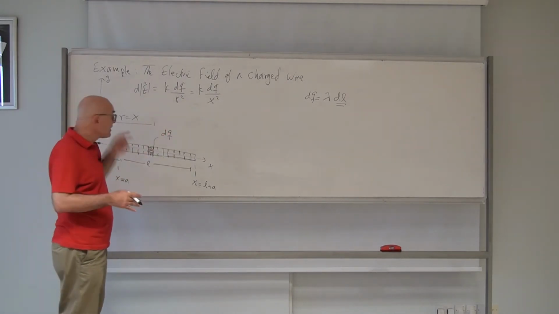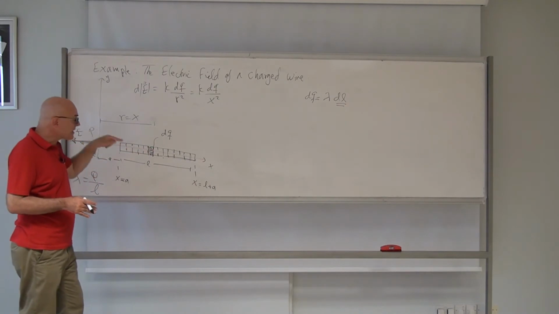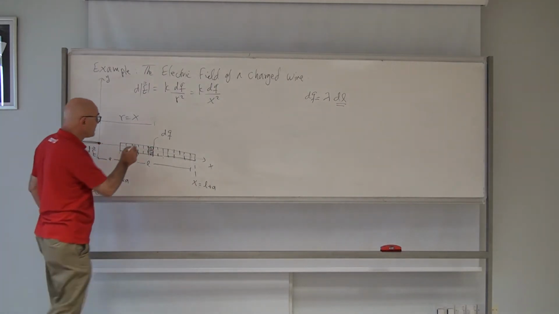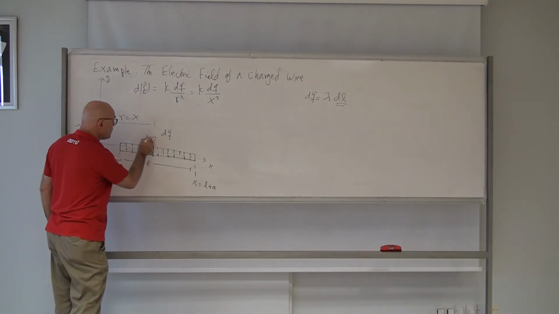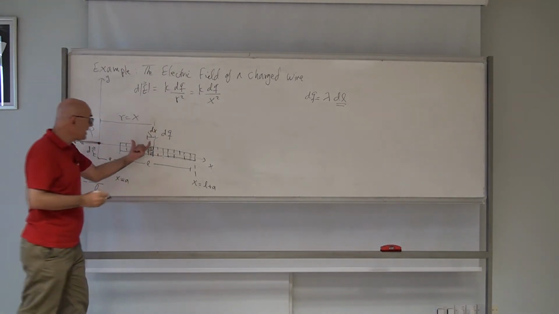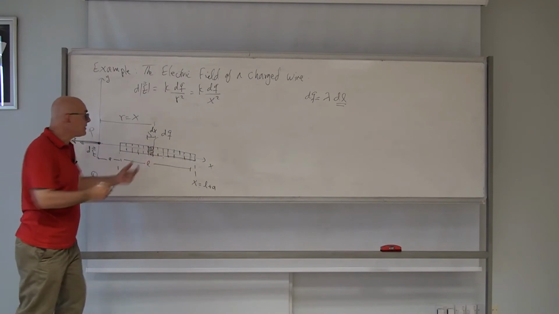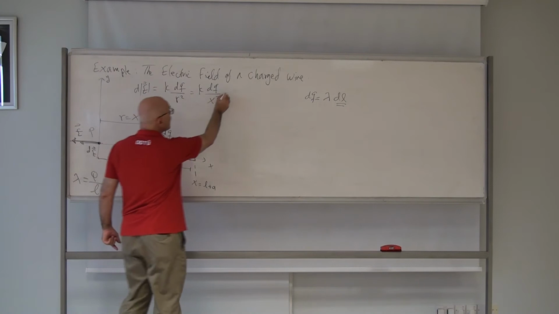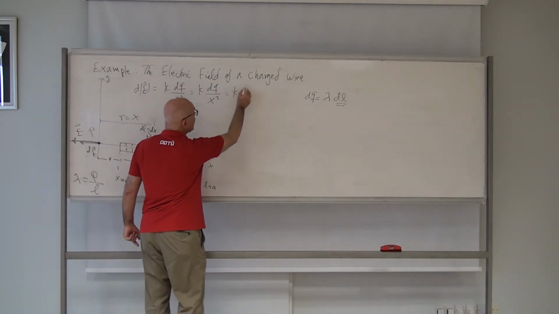Now, dl is a generic variable for any wire. Now you specify it to the coordinates that you have in your problem, and you know that this quantity, in this case dl, is nothing but dx. So therefore I write this as k lambda.